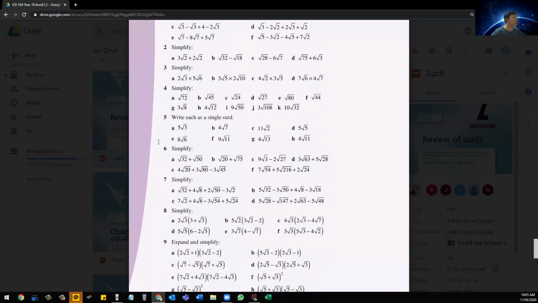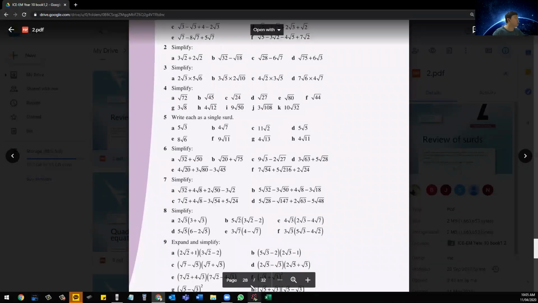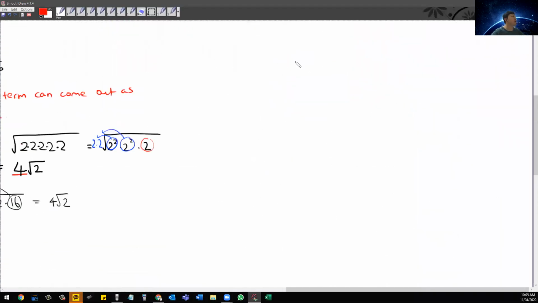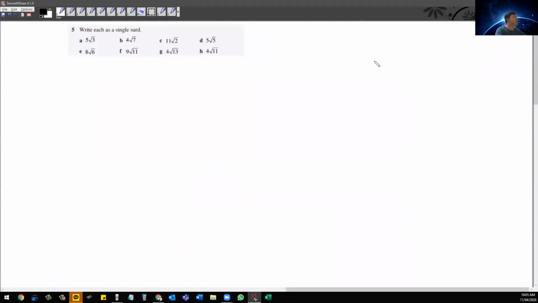Now, moving on quickly. So we've done 4. 5 is just doing the opposite. They want you to write this as a single surd. What do they mean by that? If you've got 5 root 3, you want to push that inside there. That means it's root of 25 times 3, true? So it's root of 75.